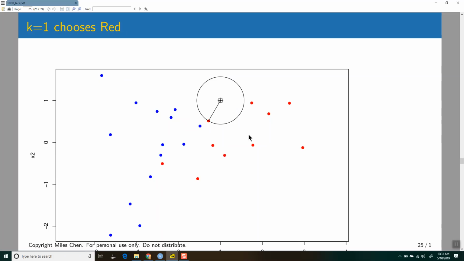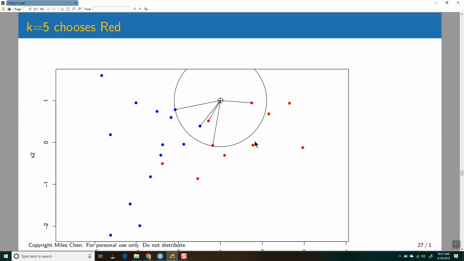So this is k is 1, it's going to be red. At k equals 3, we've got 2 red versus 1 blue. At k equals 5, we're still choosing red. It's not completely red. It's 3 red versus 2 blue, so there's still almost a tie, but it's not a tie.